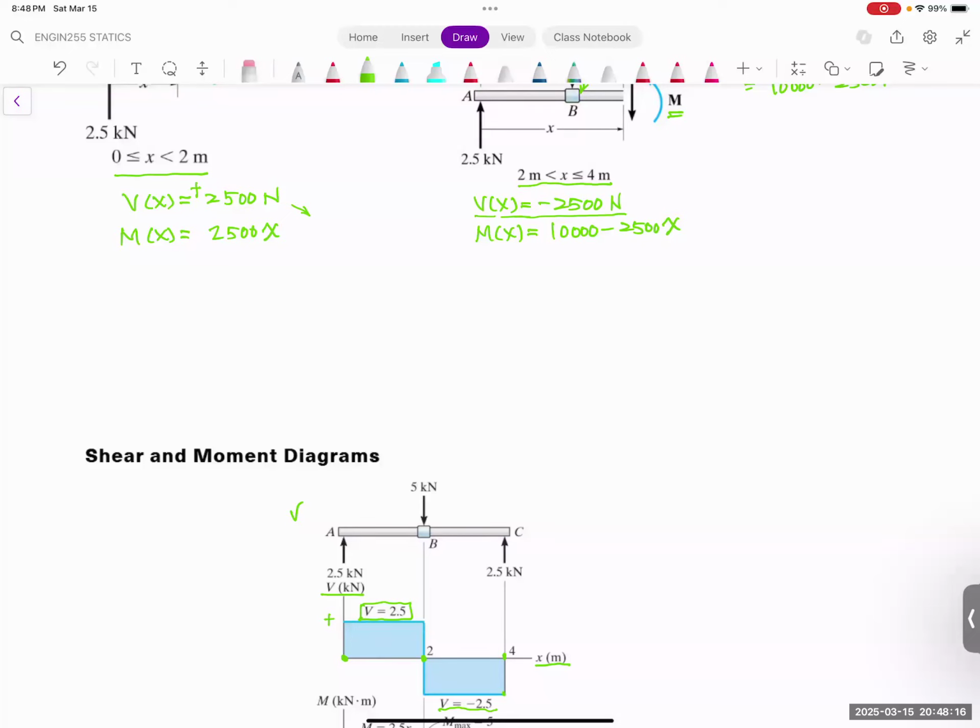So this value is supposed to go to here. However, at the point of C, you have a change of force because you push up 2.5K Newton. Initially it was negative 2.5, but at the end we push it up 2.5 thousand. So this will go to 0, which makes sense: if you go over the point of C, there's nothing in the member, so it's supposed to be 0.